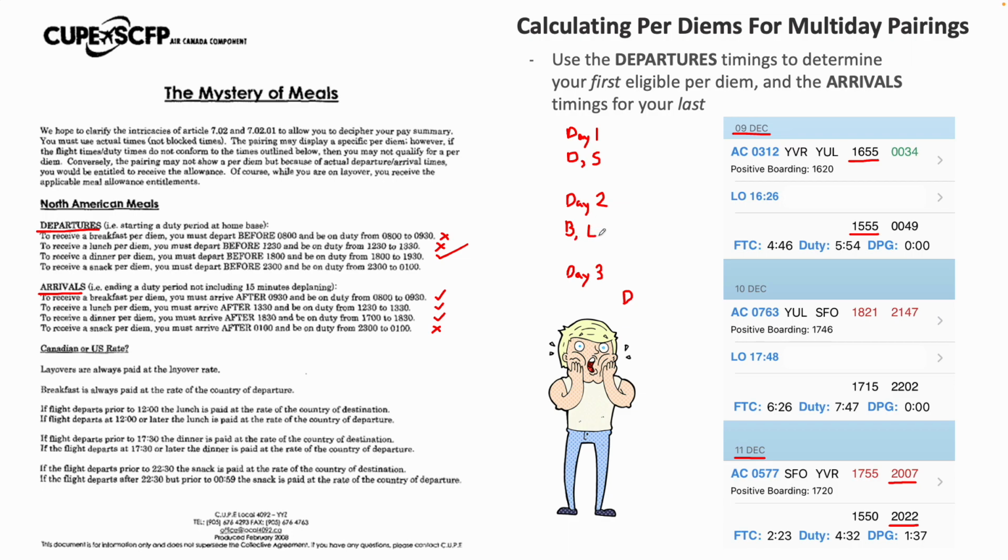So breakfast, lunch, dinner, and snack are also entitled. And then on day 3, we would fill in the breakfast and the lunch. So for this pairing, we are entitled to a dinner and snack per diem on day 1, breakfast, lunch, dinner, and snack on day 2, and breakfast, lunch, dinner on day 3.